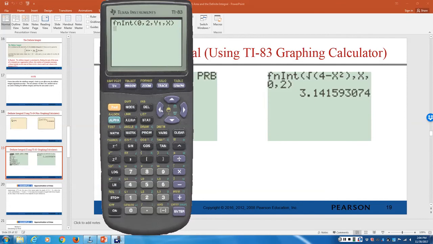Okay, so we do function integral, and we do like we did before, we're going to start at the function. And rather than go to y1, you can enter in the function itself, so I can do that too. And the derivative was taken with respect to x, so the only thing that we're adding at this point is what's called the limits of the integration, the beginning and the ending.